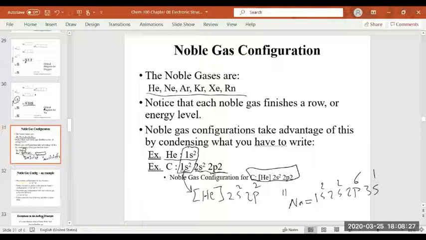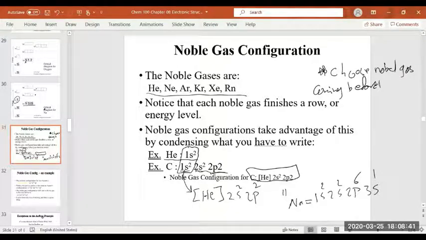So the first step: choose the noble gas coming before the element. Okay? Which noble gas comes before sodium? It is neon.